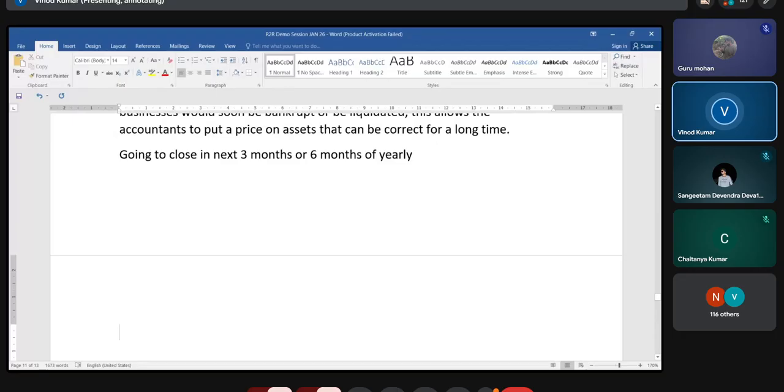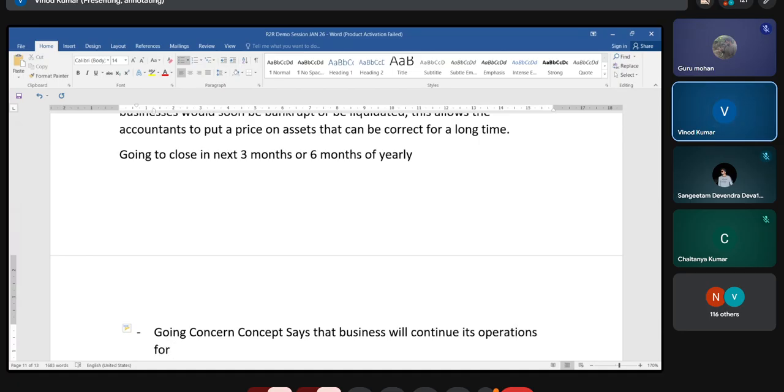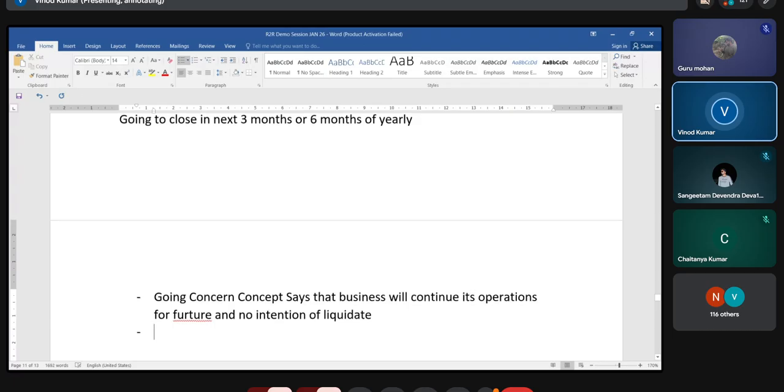So the going concern concept says that the business will continue its operations for the future, with no intention of liquidation, that is, the company getting closed. The going concern concept says that the business should run for a longer period, and without intention of liquidation, which is nothing but the company getting closed.